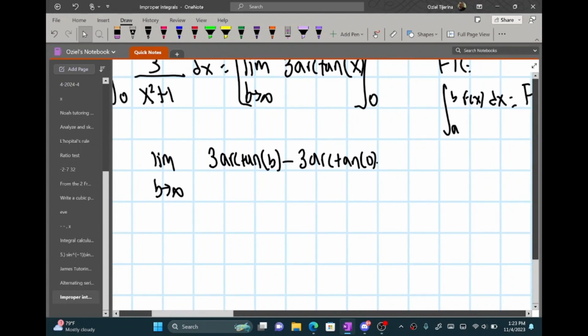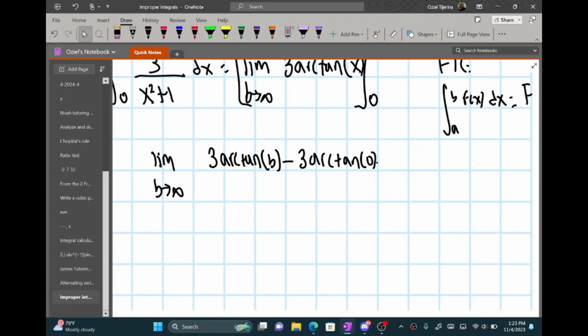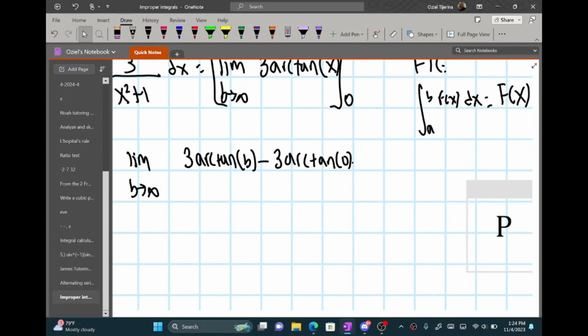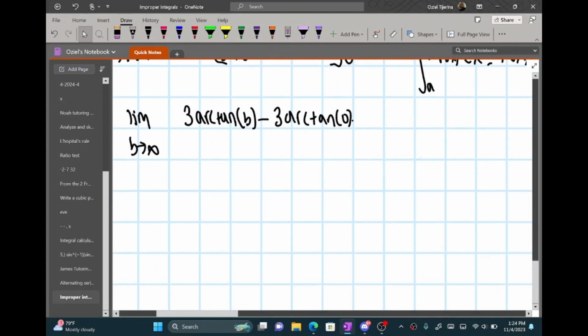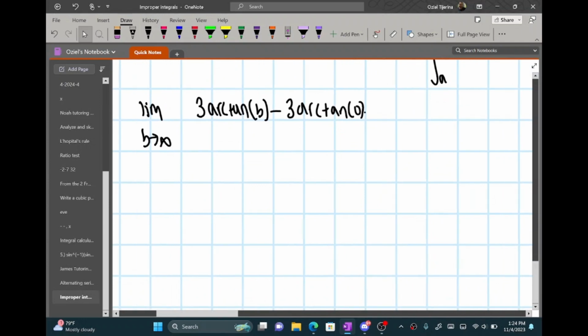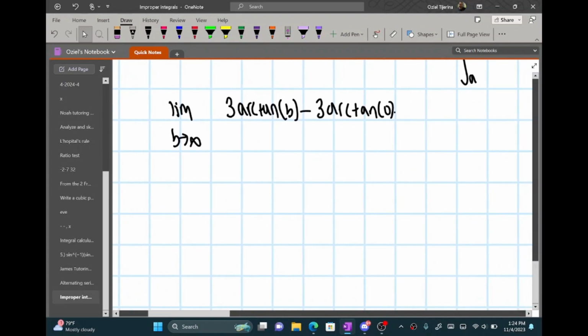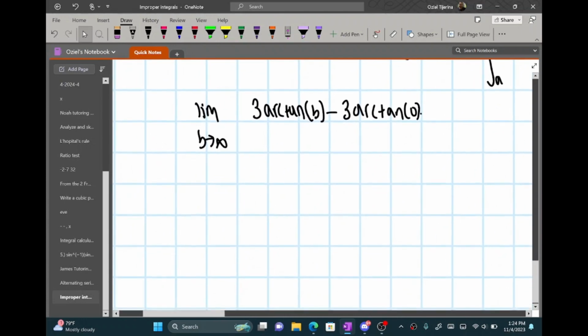So we know that when we do arctangent, and I do believe, 1 second, guys. Okay, guys, so we want to remember the limit as b approaches infinity. So this entire thing, actually, let's go ahead and take out the 3.